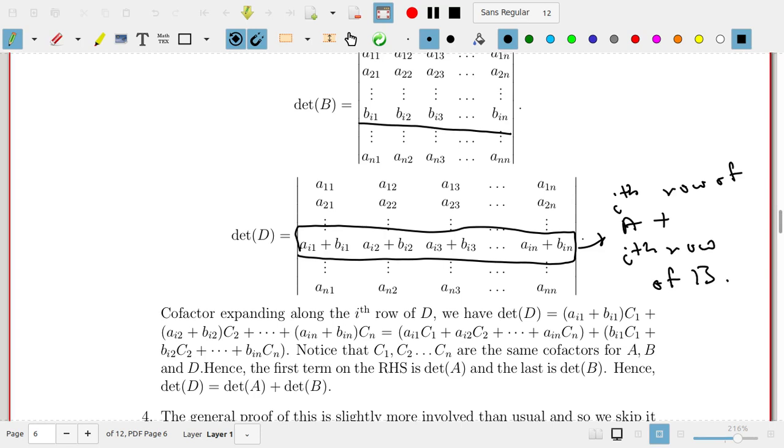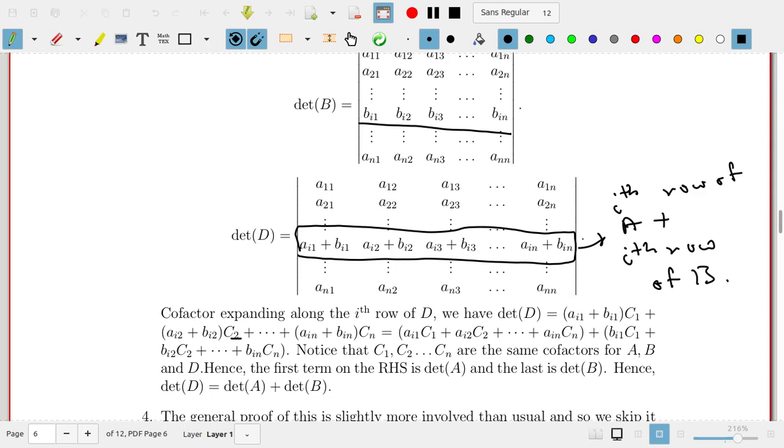Now, what is the determinant of D then? If you take the cofactors of D along the ith row, you get (Ai1 + Vi1) times C1 plus (Ai2 + Vi2) times C2, all the way to (Ain + Vin) times Cn.